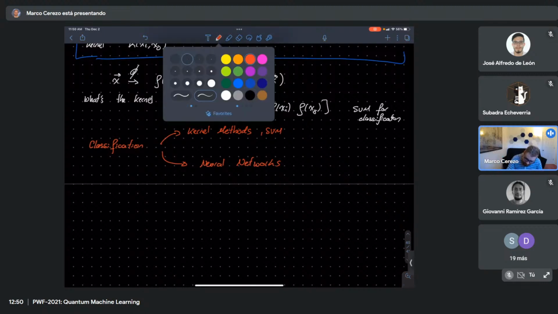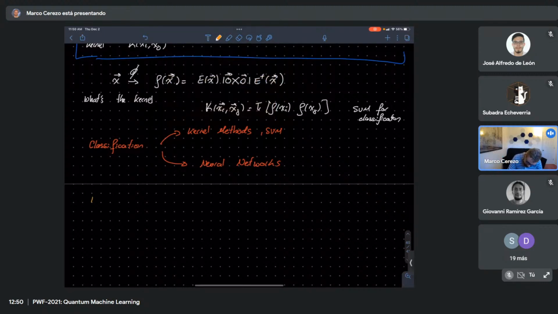But of course, again, the kernel method, we know that it has some nice properties, but it also has some disadvantages.